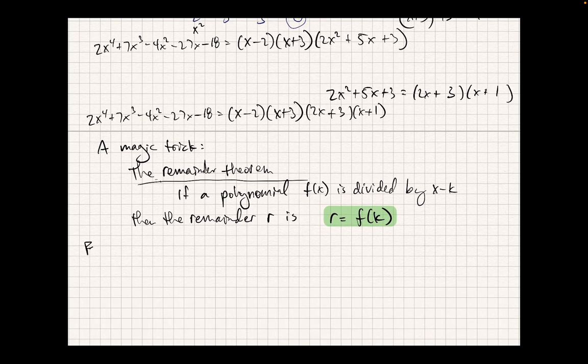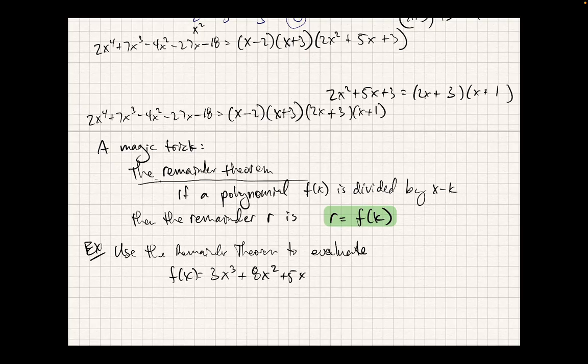So this would be a way of asking this question. Use the remainder theorem to evaluate f of x equals 3x cubed plus 8x squared plus 5x minus 7 when x equals minus 2.